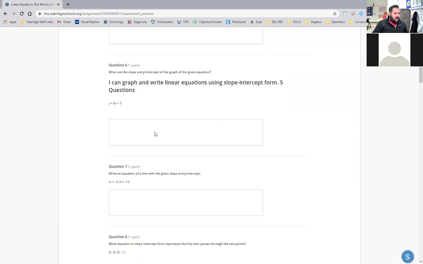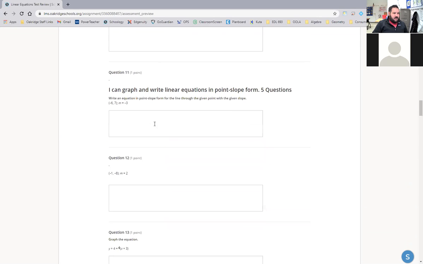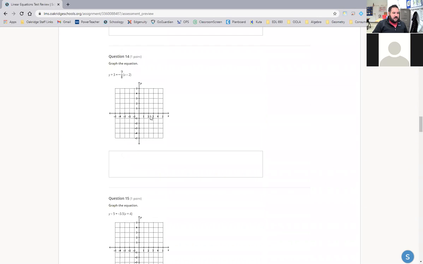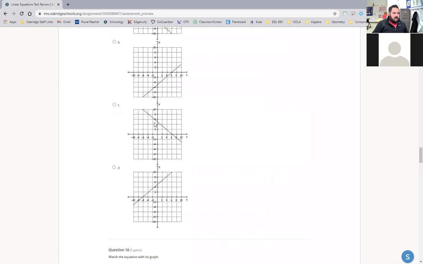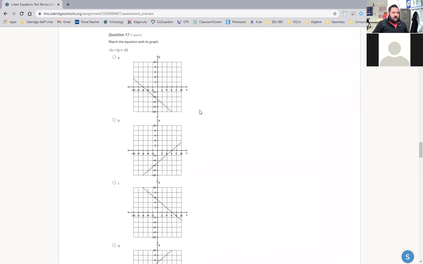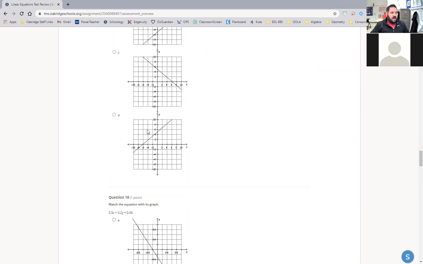I think there's some on here, but a lot of these are short answer. Like number 17 right here is how your test will look if it's multiple choice. You're going to match the equation, and then you just click which one you think it is.